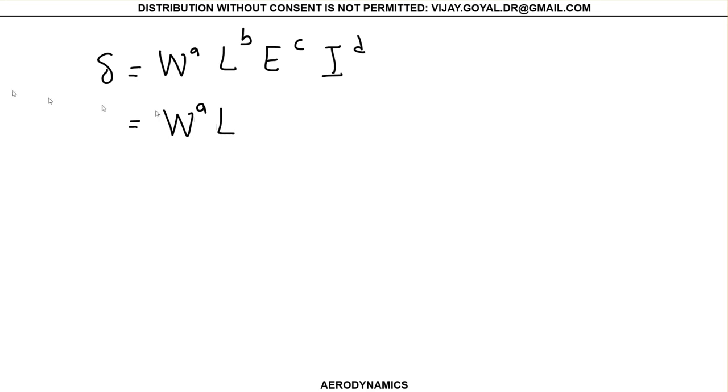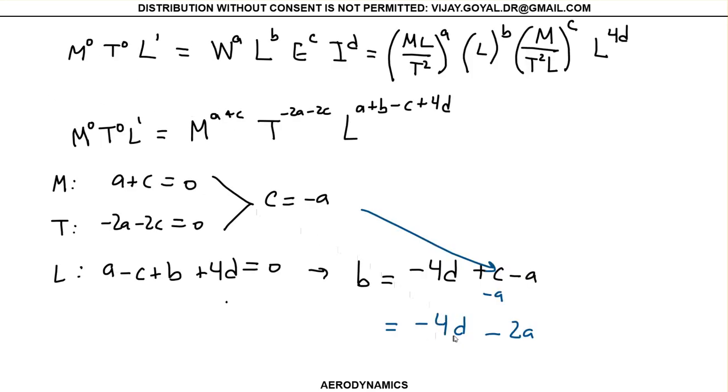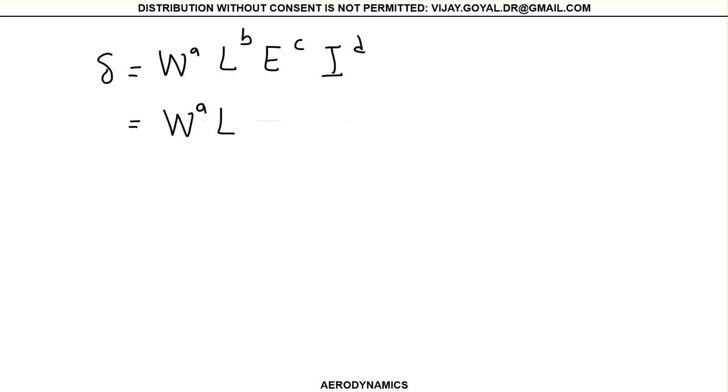So B was equal to minus 4D minus 2A, and C was equal to minus A. I is equal to D. Okay, so now we're going to rearrange everything with the same exponent.